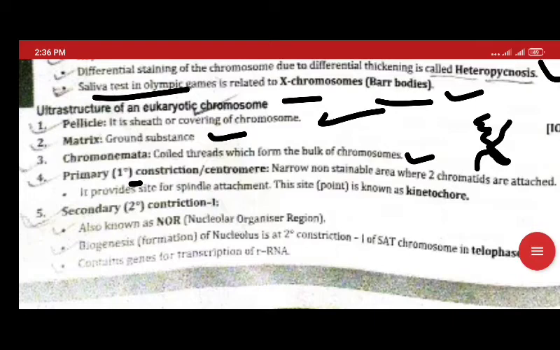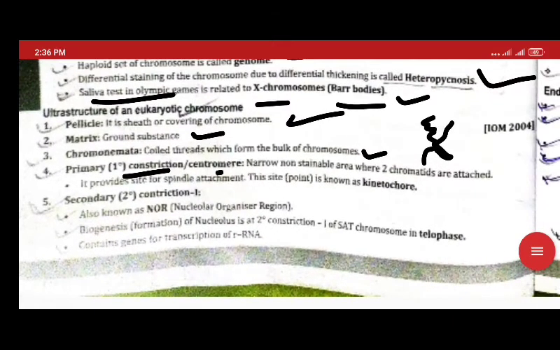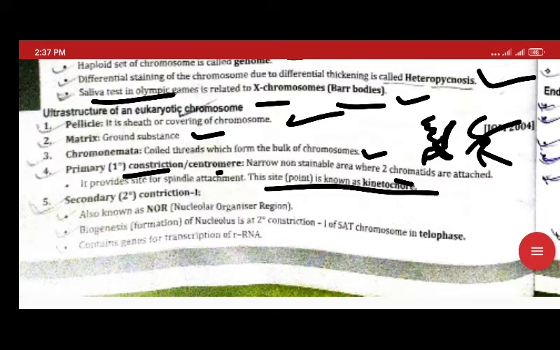And primary constriction. So primary constriction is the centromere, where two chromatids are attached. So these are two chromatids, attached at that point along with the kinetochore, where a spindle attachment is also present.